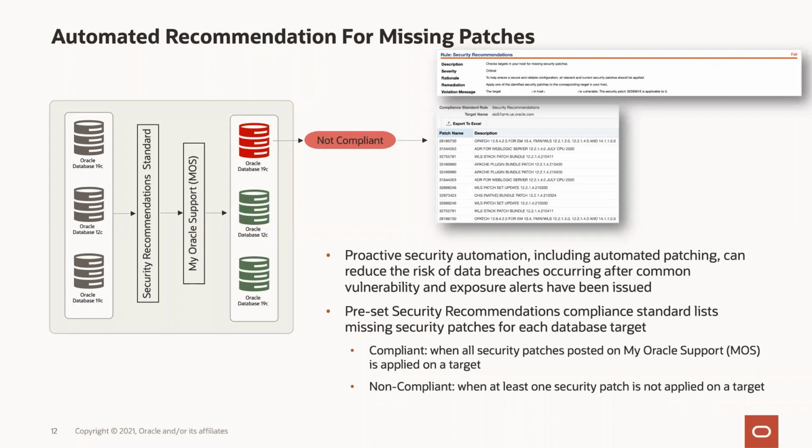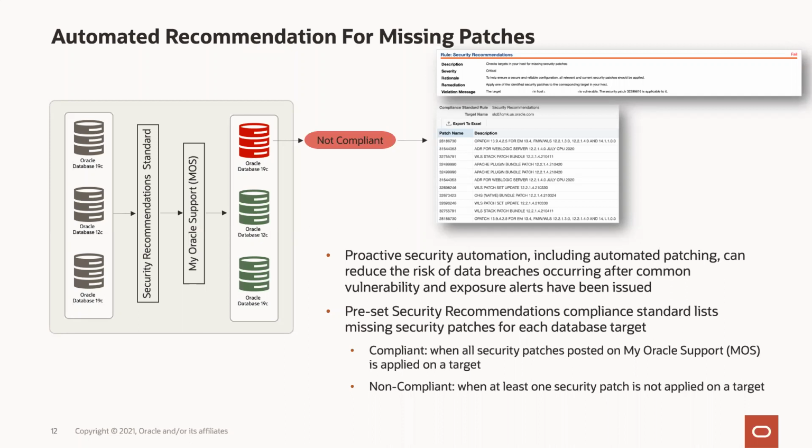Enterprise Manager ships a standard called security recommendations out of the box. With MOS connectivity in place and relevant targets associated to this security recommendation standard, you will be able to see a list of all missing patches for a given target.